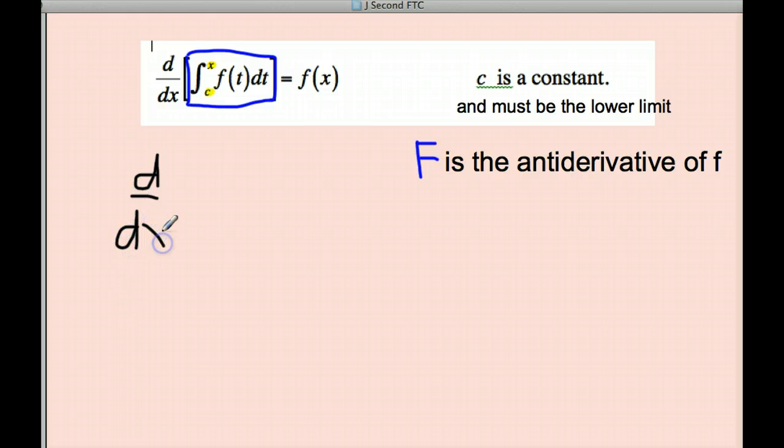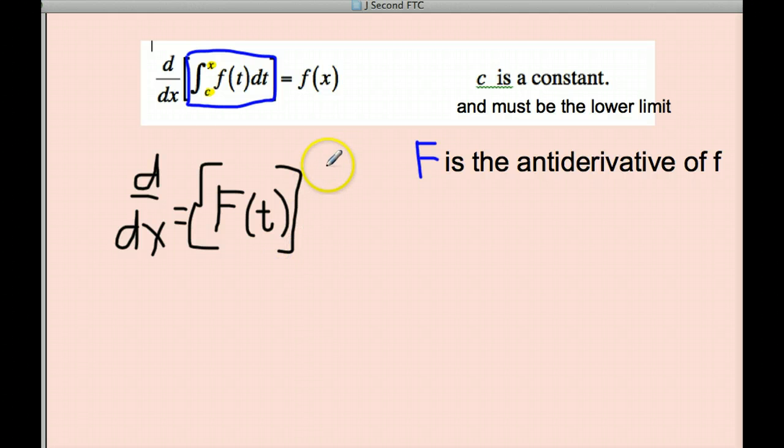If I were to have integrated this, couldn't I call the answer capital F of t instead of little f? So capital F means I took the integral, and since I have limits, I could actually say this is x and this is c. Isn't that true? That's typically what we do with the fundamental theorem of calculus.